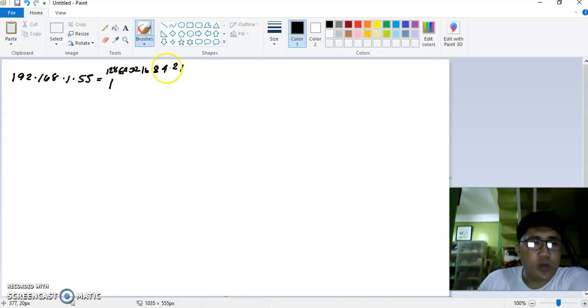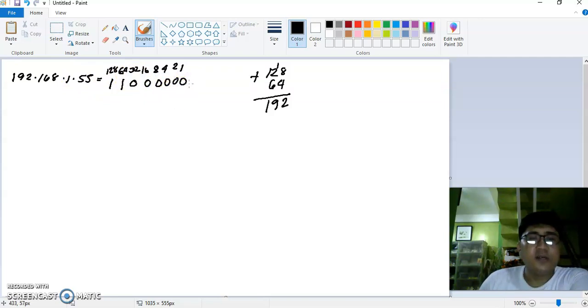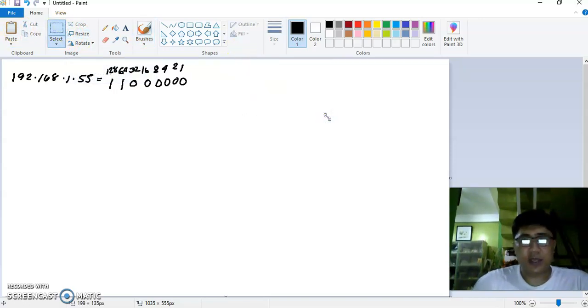So if we activate 128 and 64, we get 192, and the rest are 0, 0, 0, 0, 0, 0, because if we add more to this, then it is no longer 192.